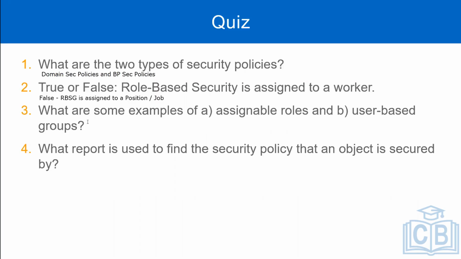Partner manager, compensation partner, payroll partner, or partner pay. Payroll partner, manager, yes, absolutely. Who else? HR analyst. Can HR analyst be an example? HR analyst, these are examples of role-based security groups.